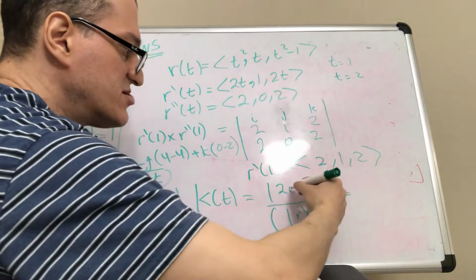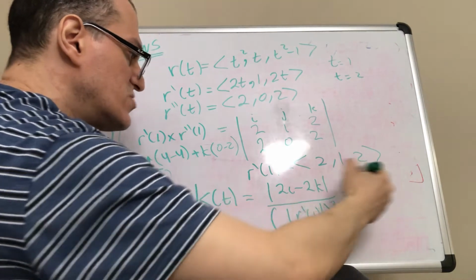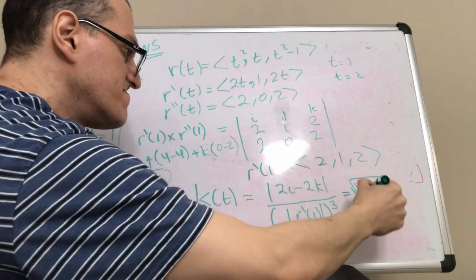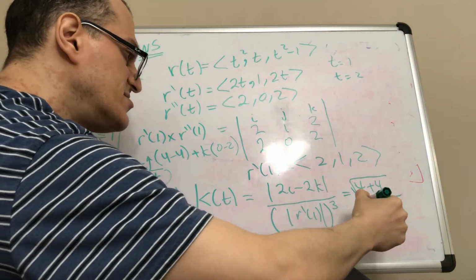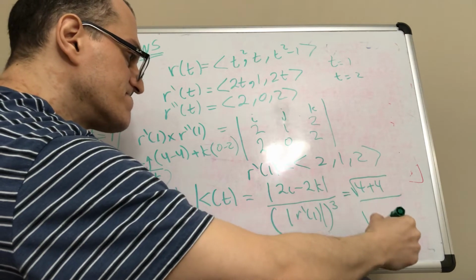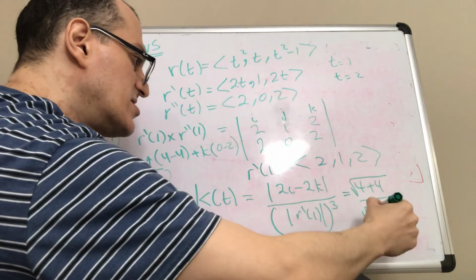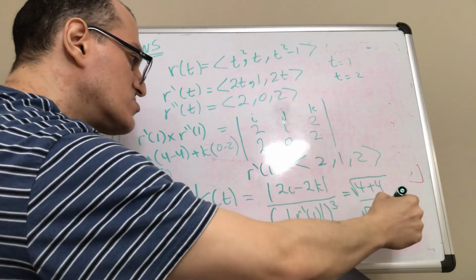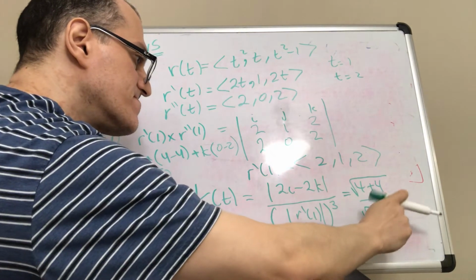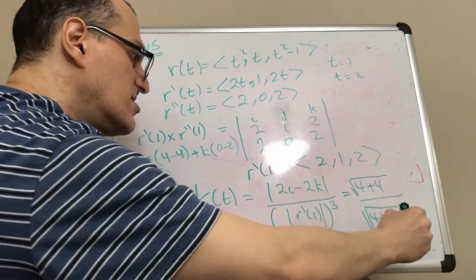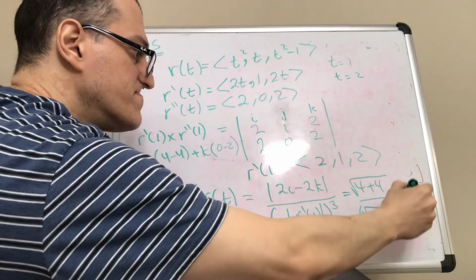If you do the magnitude for this, it would be the square root of 2 squared plus 2 squared. If you do it for this one, 2 squared, 1 squared, 2 squared, and all of this to the cube.